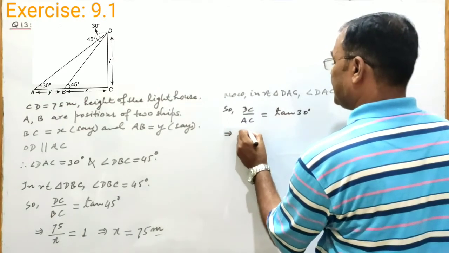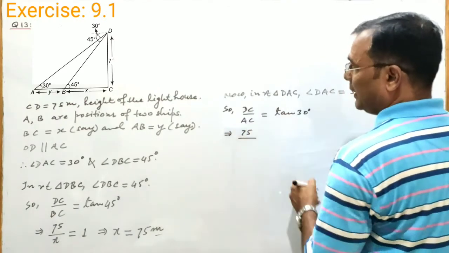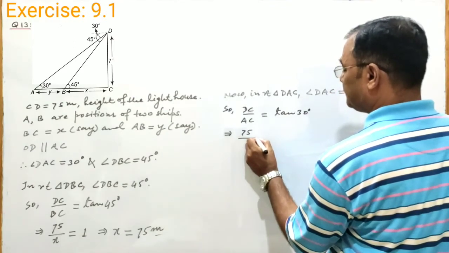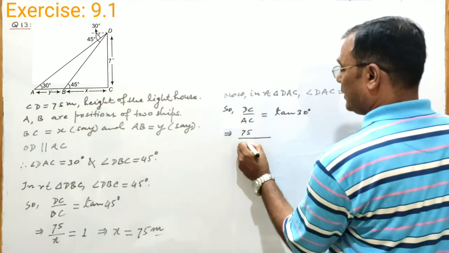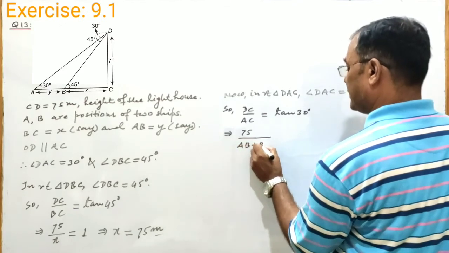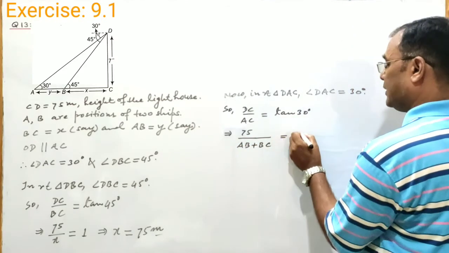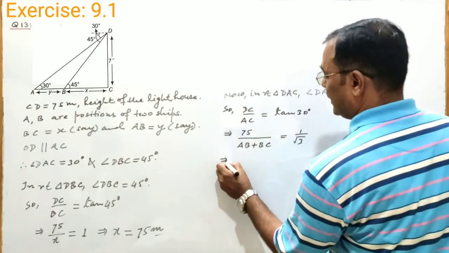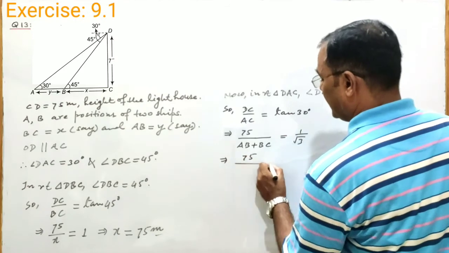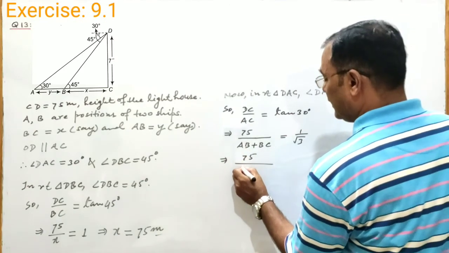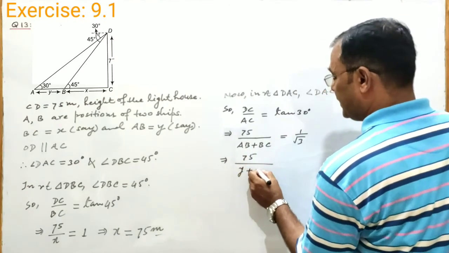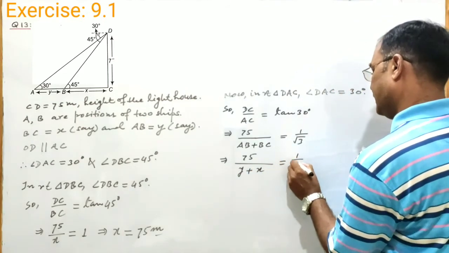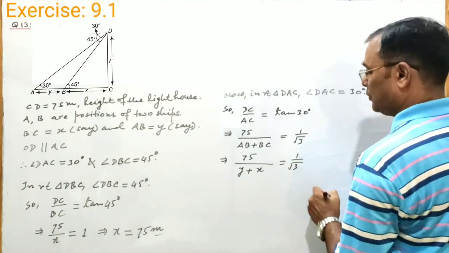DC is 75 meter, the height of the lighthouse. AC we can write AB plus BC, tan 30 degree value 1 by root 3. So 75 by AB, which is Y, plus BC, taken X, equal to 1 by root 3.